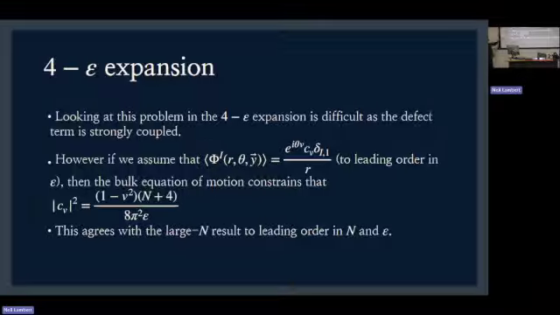And indeed, what we find is that this coefficient must be given by this expression. And once again, in the limit of large N, this is something that we can extract analytically, and we can find that indeed this seems to agree, which is all good.